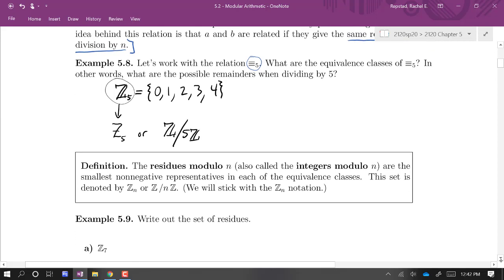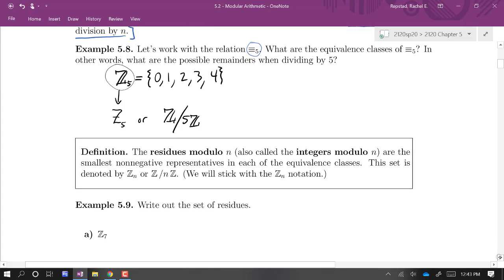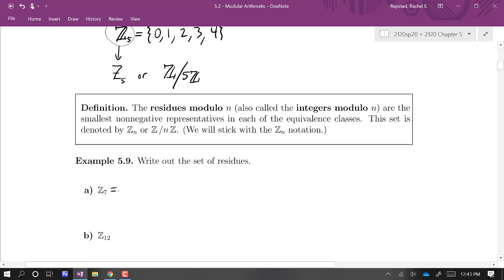If I look at all the integers and reduce them by what I get when I take out all the multiples of 5, how many times does 5 go in and what's left over, then that'll just boil down to the set of remainders from 0 through 4. We could do this for any integer n. So, for example, Z7, the set of remainders mod 7, will be from 0 up to 6.